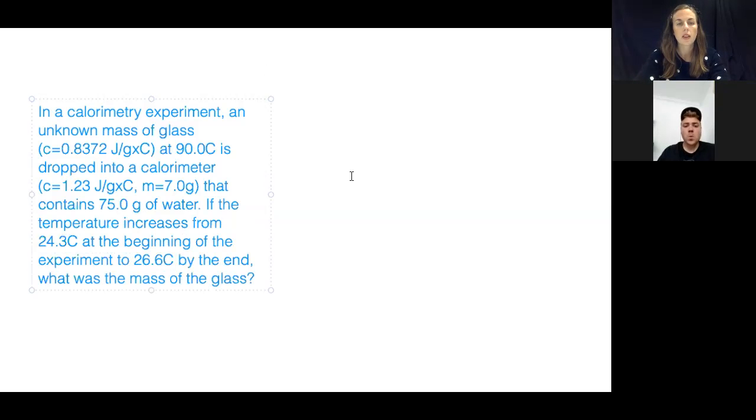Okay, so just like we've been doing, this is our main equation. So energy released equals mass times specific heat times change in temperature. So in order to find the mass, I'm going to go ahead and rearrange this using algebra.